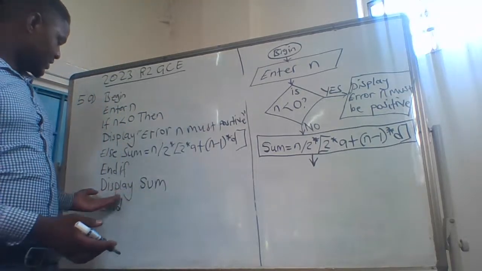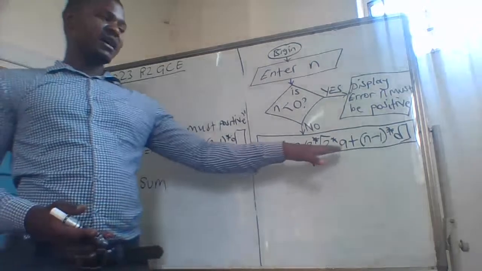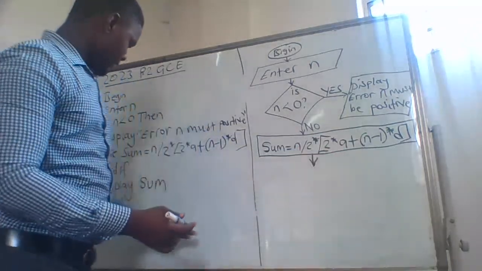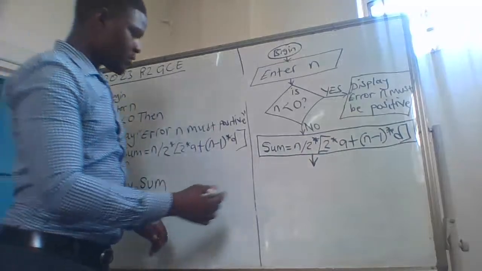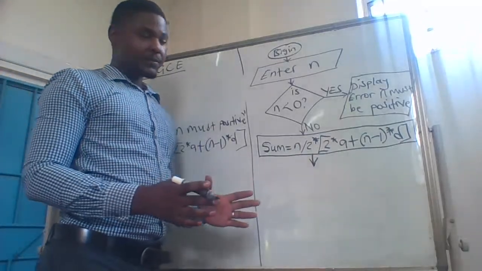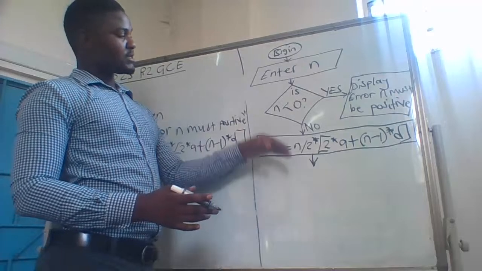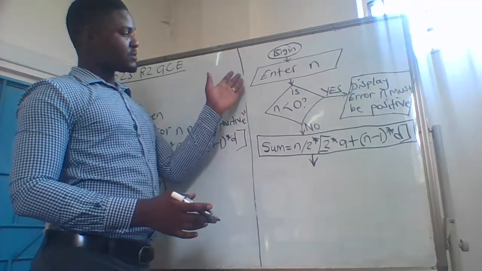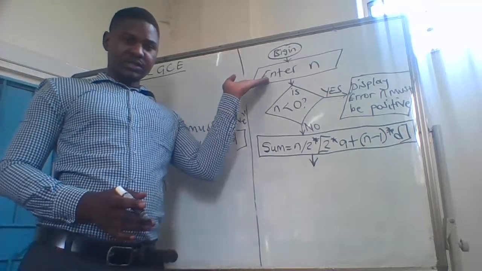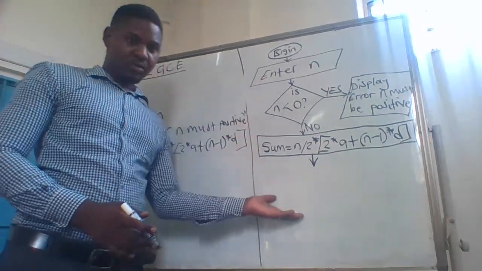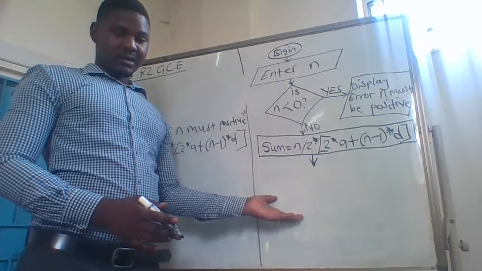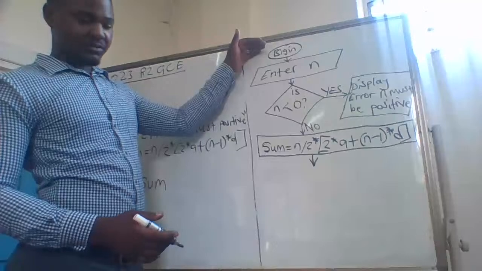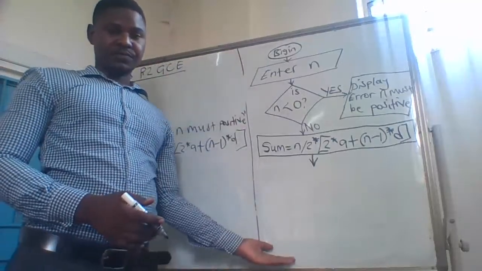So when we say display sum, we mean the answer which has been computed here to be displayed down here. And what is the symbol for display? The symbol for display is the same as the symbol for enter. If I have to use other terms, I would say the input symbol is the same as the output symbol. You understand this. Then the begin symbol, or rather the start symbol, is the same as the end symbol.